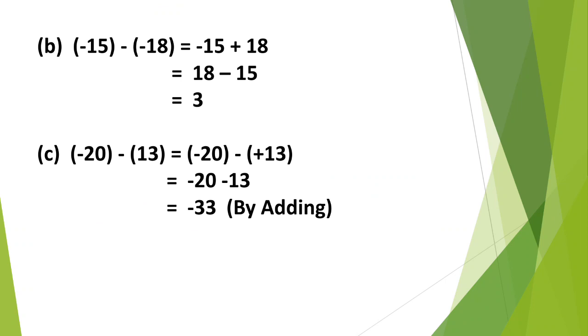Both are negative integers. When we are having both negative numbers, we want to add them and denote the negative sign. 20 plus 13, 33. What is the sign? Negative. So your answer is minus 33.